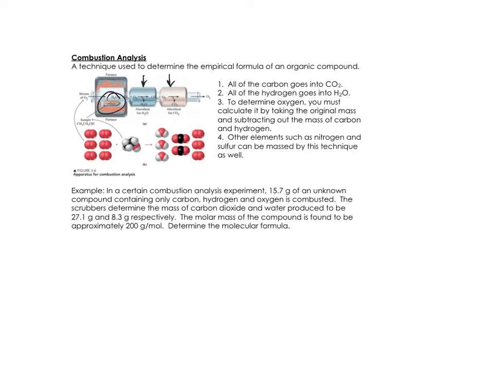So for example, in the first filter, H2O would be absorbed. In the second filter, CO2 would be absorbed. There's also filters for N2 and SO2. So in these filters, all of the carbon goes to CO2.